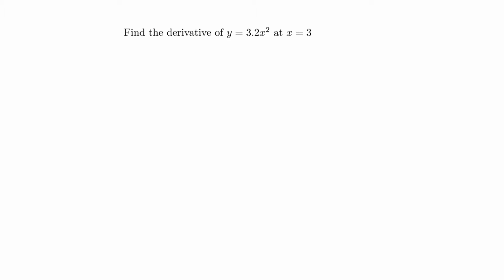So we're going to use the example that we did in the last section, where we had the function y equals 3.2x squared, and what we want to find is the derivative at x equals 3, or again, you can think of this as the instantaneous rate of change at x equals 3. And if we plug this particular function into the limit definition of a derivative, we're going to get the following expression here. And we can use the algebraic tools to find limits, to find this particular derivative.